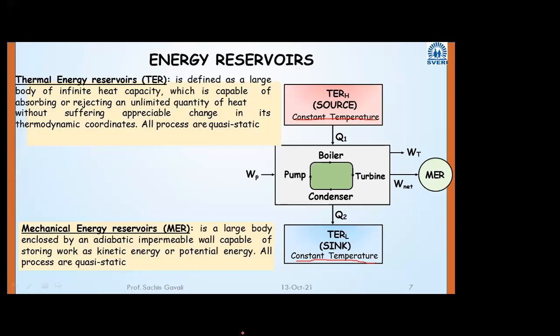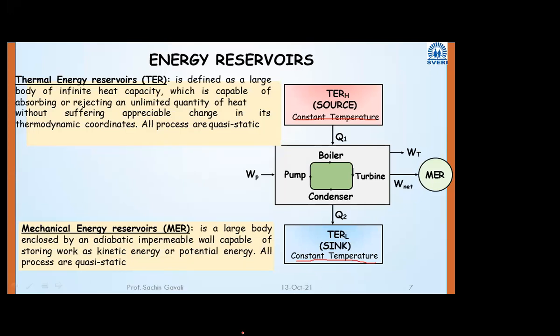Everybody got it? Chat box, please, it's very important. Thermal energy reservoir. That is a sea. If you take the sea as a large reservoir, and so many streams of rivers are joining the sea, sometimes a lot of flow we can take out from the sea, but the level of water in the sea always remains constant.